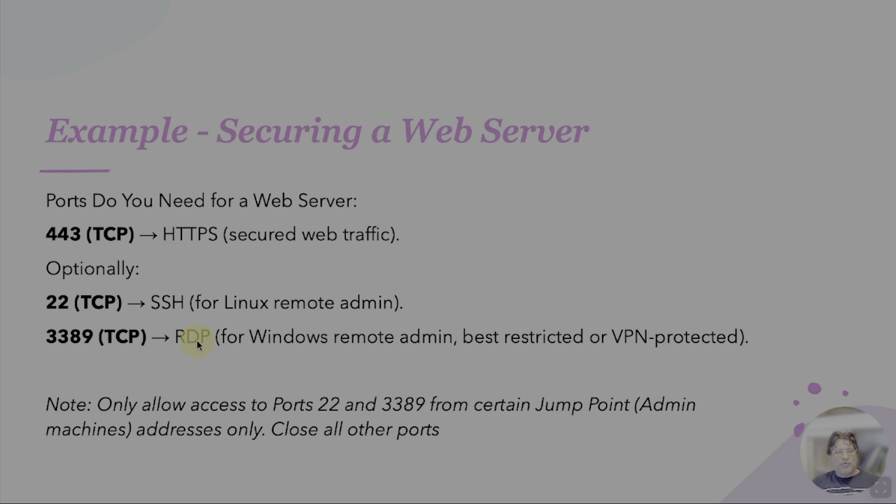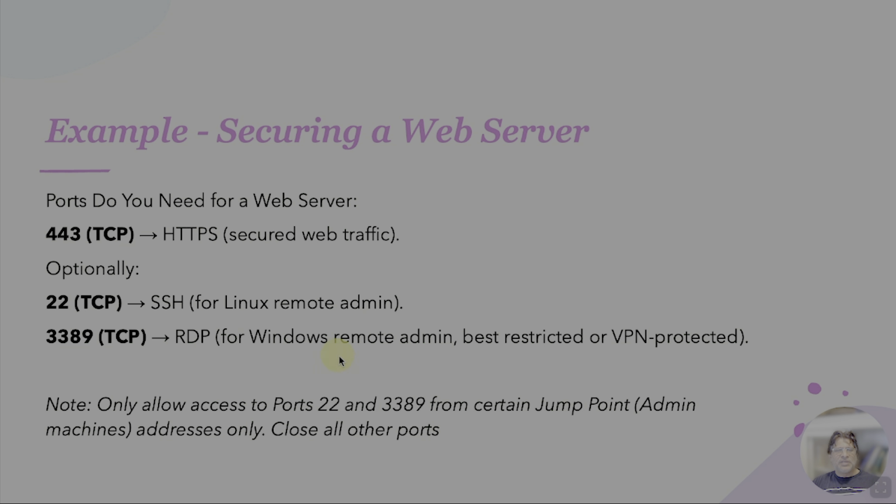However, very important, only allow access to ports 22 or 3389 from certain jump point machines. So you need to consider setting up jump point machines. Maybe a couple of machines that you log into, and only those two or three machines, depending on how big your environment is, are the only ones that can access these ports on a server.